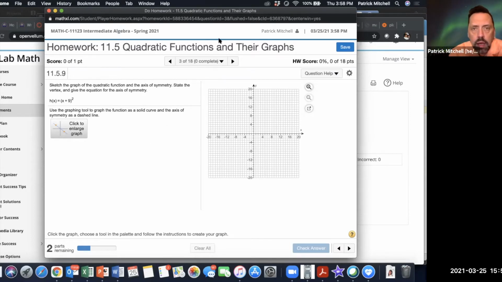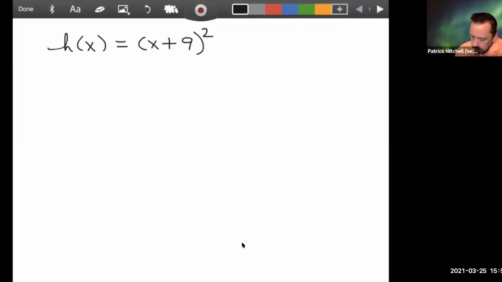So let me switch over to my tablet. I do have this function written down. All right, there it is. h of x equals (x plus 9) squared. So let me just give you a little idea of what this is going to look like.